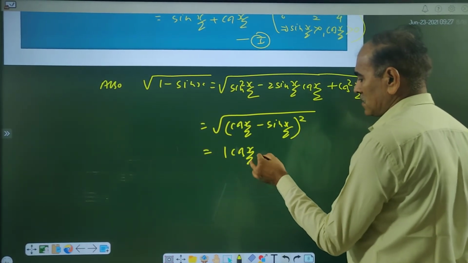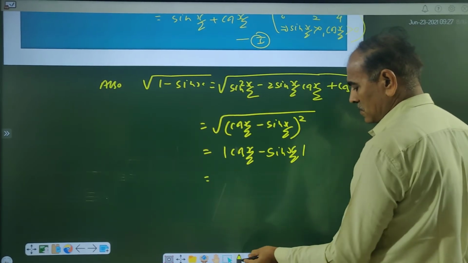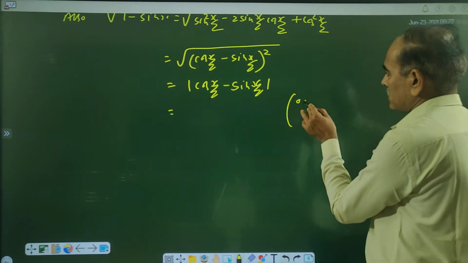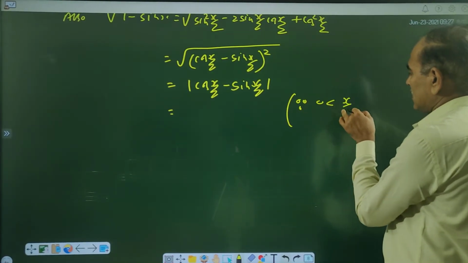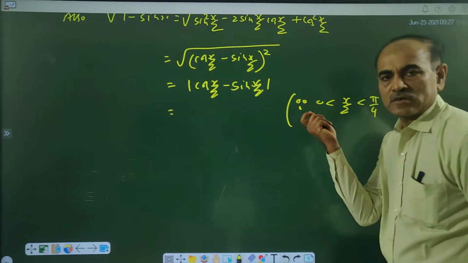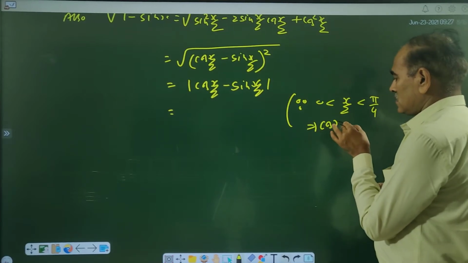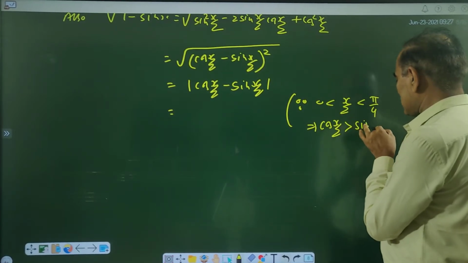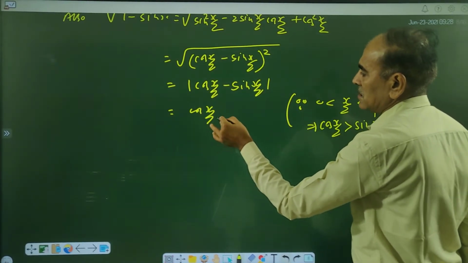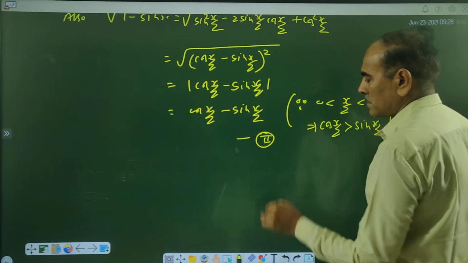So it's the magnitude of cos x by 2 minus sin x by 2. Let us see. First of all, give the result: 0 less than x by 2 less than pi by 4 implies sin 0 is 0, cos 0 is 1. Which one is greater? Cos. So cos x by 2 is greater than sin x by 2. So ultimately it comes out cos x by 2 minus sin x by 2. So that is result number 2.